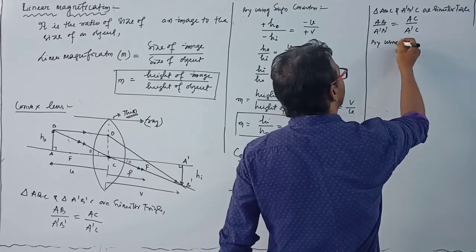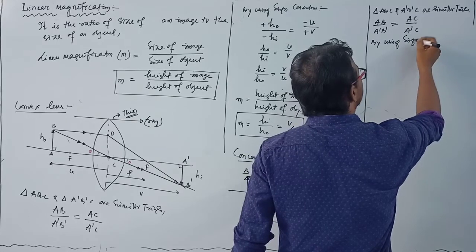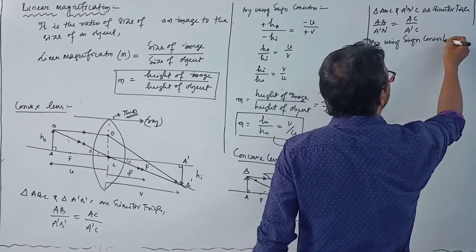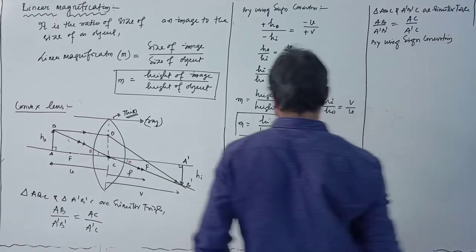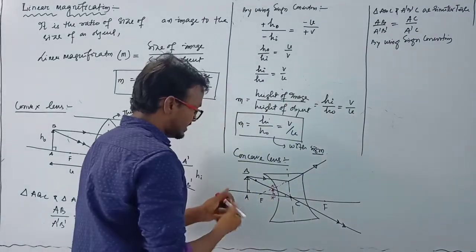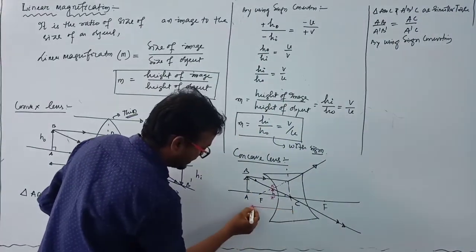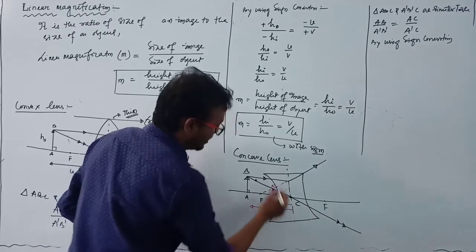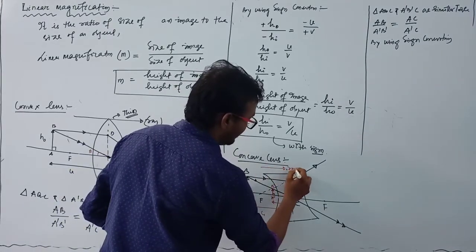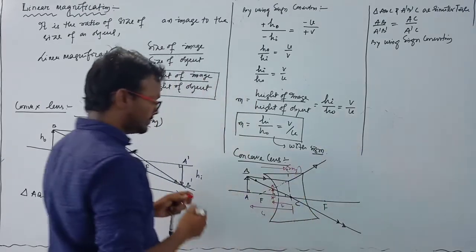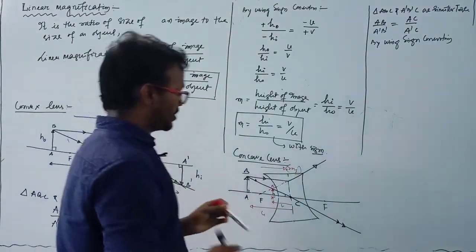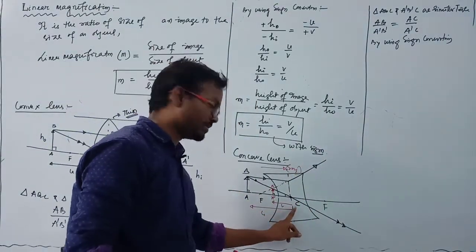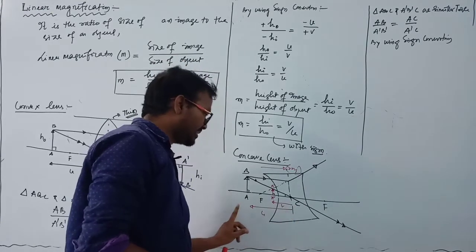By using sign convention, we can write this distance is known as object distance, this distance is u, and this distance is image distance v. But this is the direction of incident ray which is traveling from left to right, but all the distances are measured from optical center and towards left.